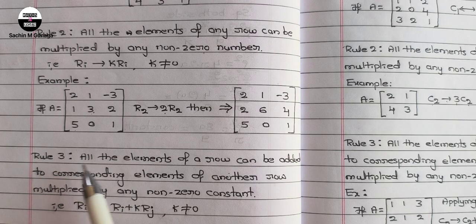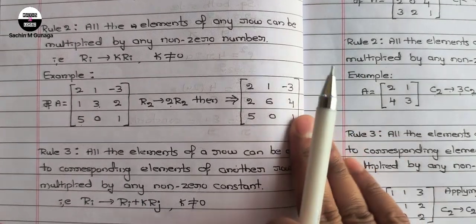Next, rule number 3. All the elements of a row can be added to the corresponding elements of another row multiplied by any non-zero constant. That is, Ri changes to Ri plus k Rj. Again remember, this k should not be 0.